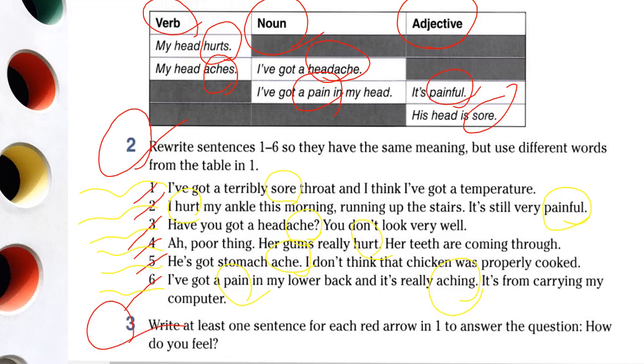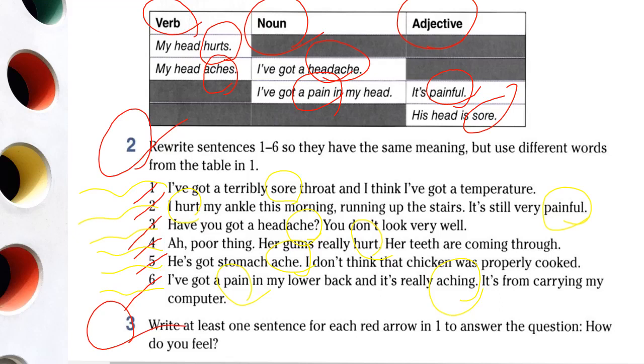Exercise number 3 is your assignment. It is your first assignment for today. Write at least one sentence for each red arrow in exercise number 1 to answer the question, how do you feel? So I want you to make a short conversation between a nurse and a patient. The nurse is going to ask the patient, how do you feel? And the patient is going to answer according to the red arrows in the previous slide.